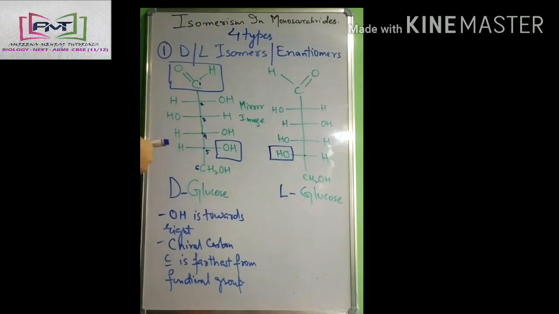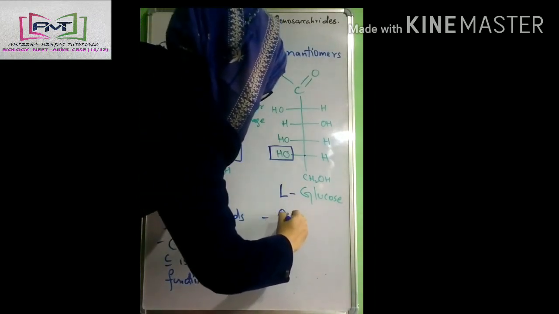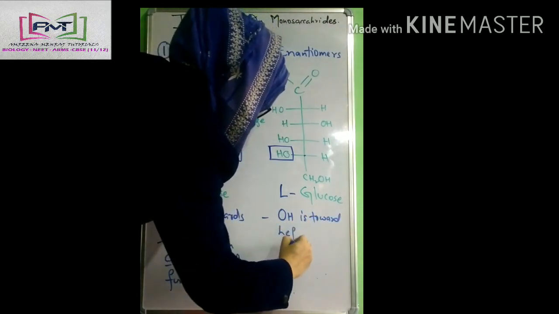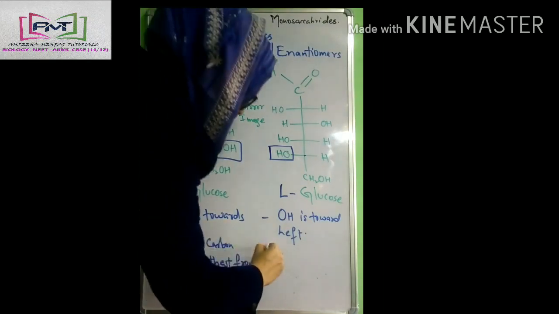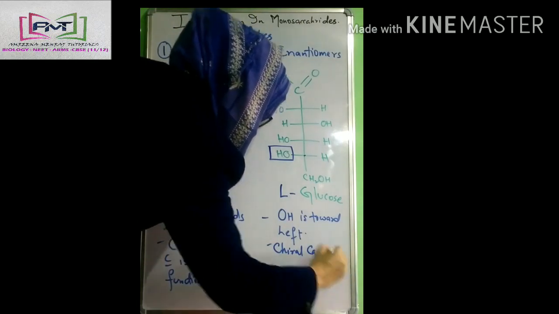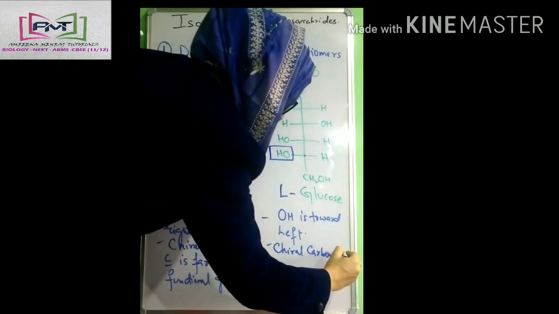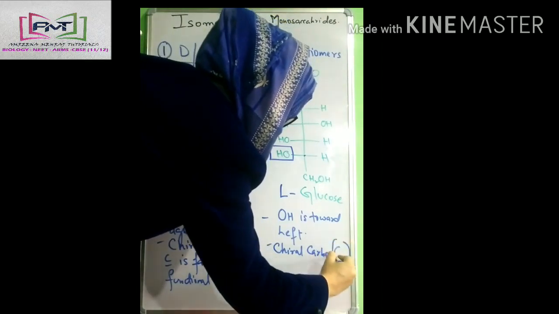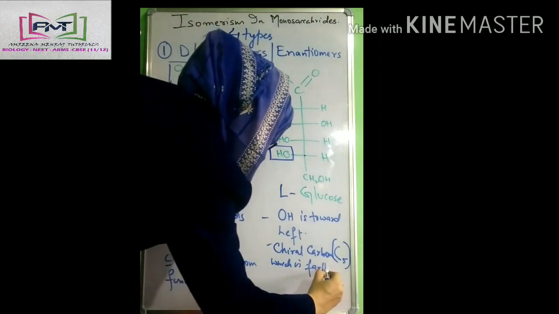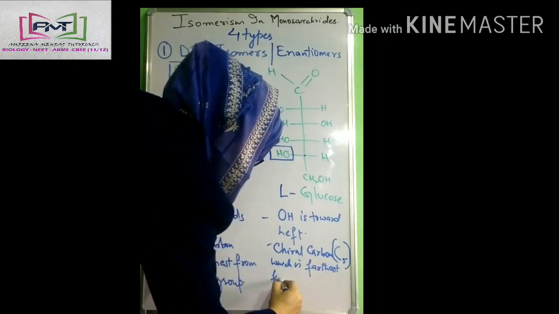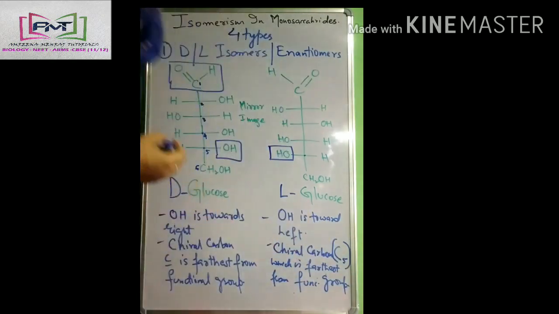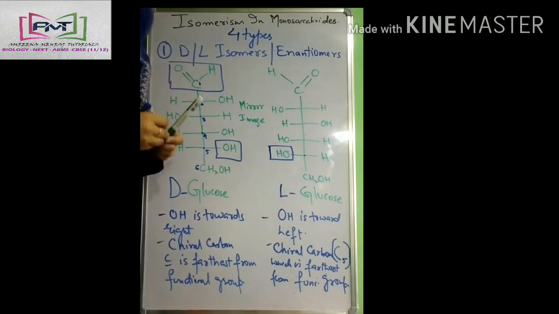And in case of L sugar, what do you have? OH is towards left, in case of the chiral carbon. Which is the chiral carbon you are considering in this case? It's carbon number 5, which is farthest from the functional group. That defines your enantiomers also.